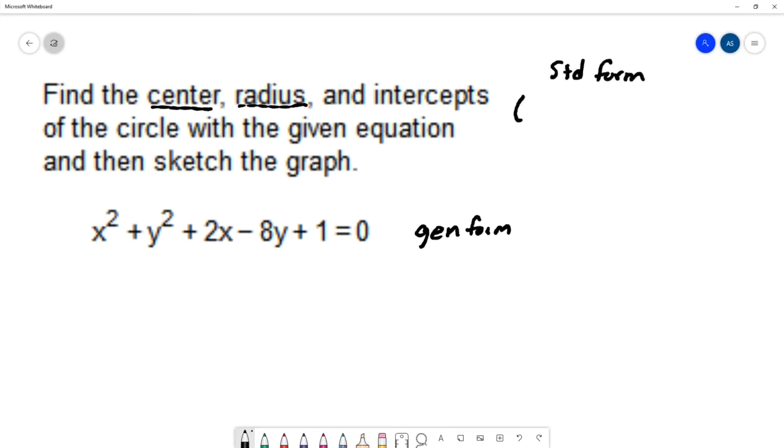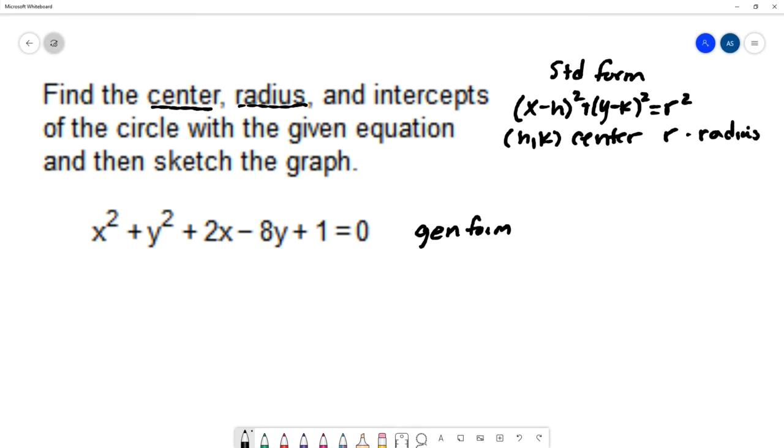The standard form is x minus h squared plus y minus k squared equals r squared. The ordered pair (h, k) is the center of the circle and r is the radius.